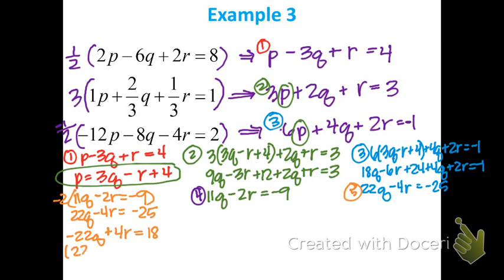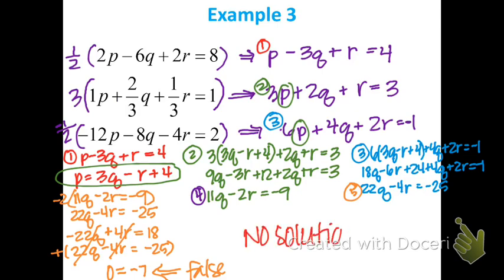And then I have 22q minus 4r equals negative 25. What happens when I add these? So I get 0 equals what? Negative 7? Is that a true statement? Because this is false, when you solve your 2 by 2 system, your answer is no solution.